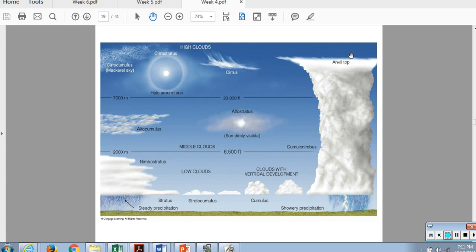That inversion tends to put a lid on further development of clouds or condensation, and so the top of this cloud produces what we call the famous anvil shape top, and with strong upper air currents, it can shear the top of the cloud so that it pulls part of the cloud up ahead, and wherever it's getting pulled towards, that's the direction that it's moving. So this cloud would be moving from right to left, and so this is our cumulonimbus cloud. That's where you would see typical storms.